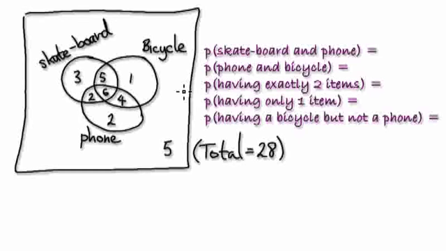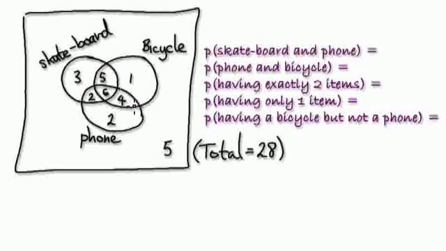Okay. Third question here, having exactly two items. Well, the people from here would only have a bicycle, only one item. This one here would have no item. This one here would have all three items. Exactly two items would be this one here, the 5, this one here, and this one here.